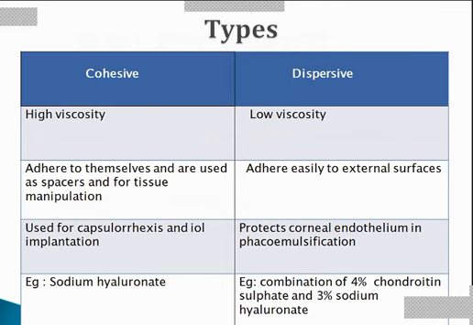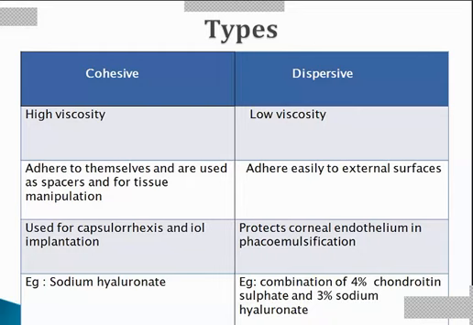While doing phacoemulsification, we use the technique of capsulorhexis to remove part of the anterior lens capsule, and then after removing the lens, we can put the intraocular lens. The example is sodium hyaluronate. This is a common preparation.